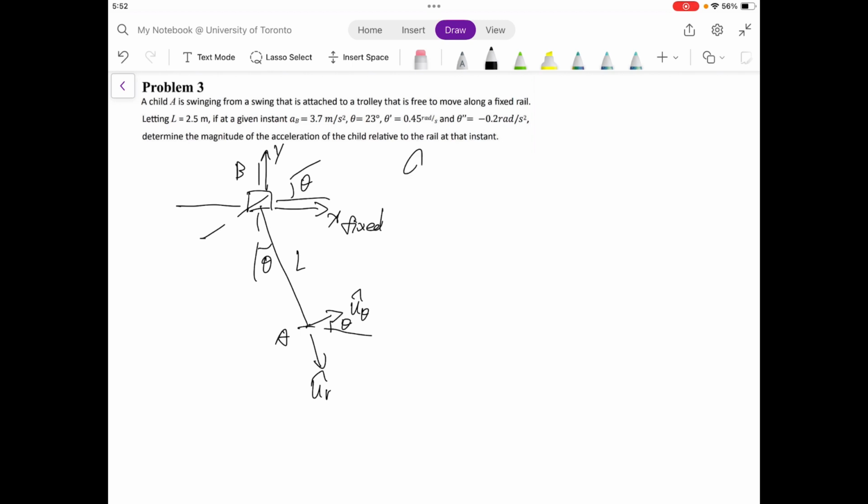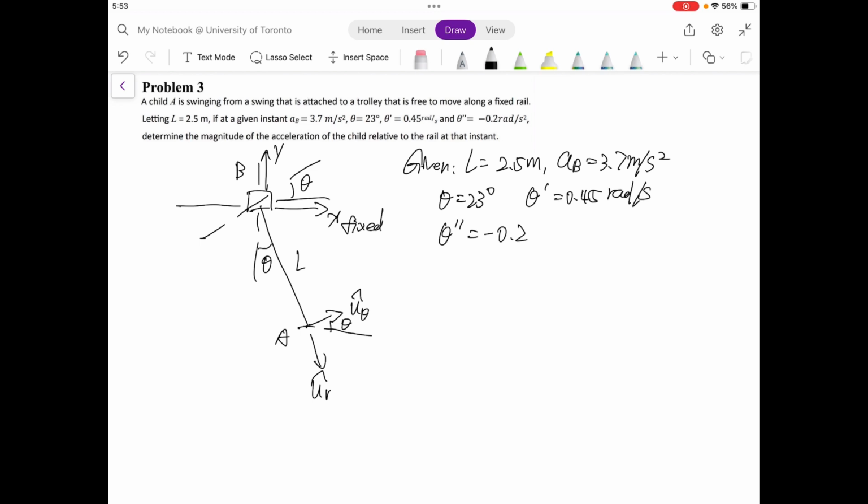So what we have is L is equal to 2.5 meters, acceleration of A is equal to 3.7 meter per second square, theta is equal to 23 degrees, and angular velocity is equal to 0.45 radian per second, and also angular acceleration is equal to negative 0.2 radian per second square.